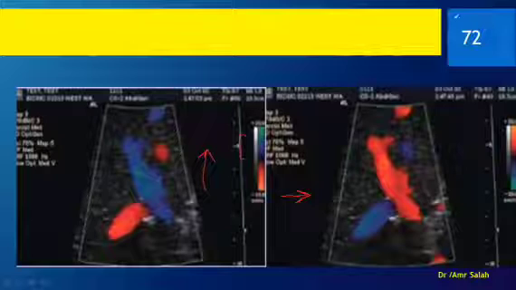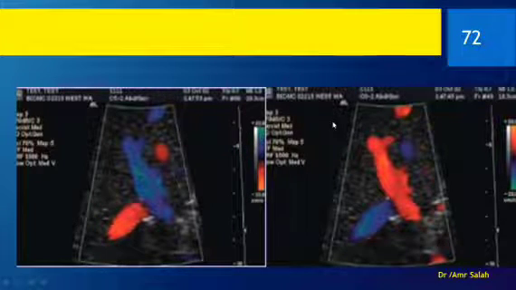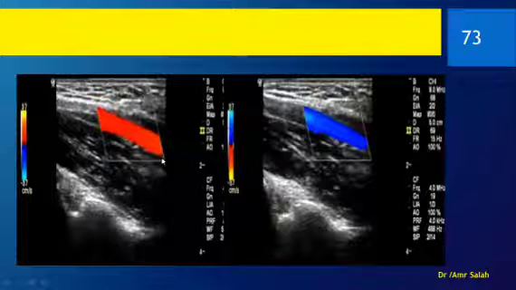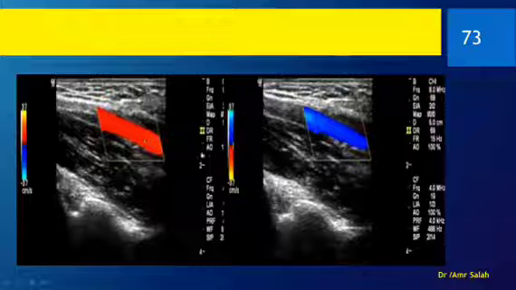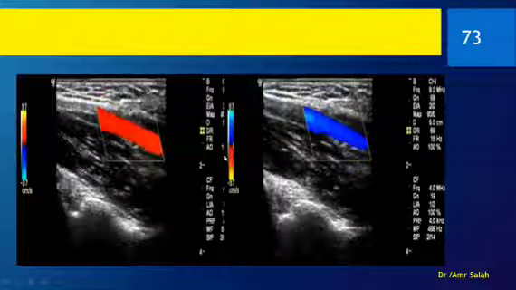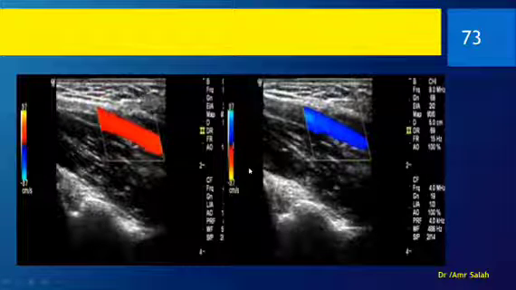It's just a matter of how you prefer to see the colors, but it does not really make a difference. This blood vessel is the same, it is the same direction, but here the red is above the baseline and here the blue is above the baseline. It does not matter, just pay attention to this so as not to be confused.